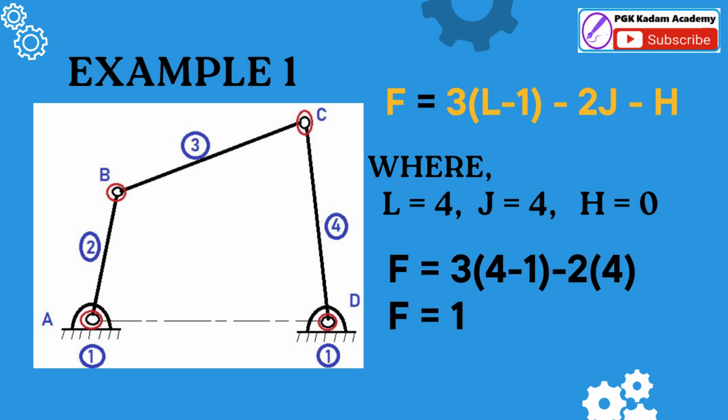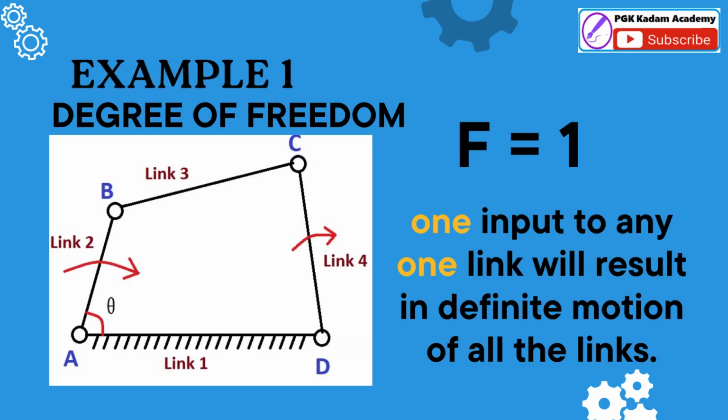H equals the number of higher pairs, 0. F equals 3 times (4 minus 1) minus 2 times 4. Hence the degree of freedom F is equal to 1, which means one input to any one link will result in definite motion of all the links.